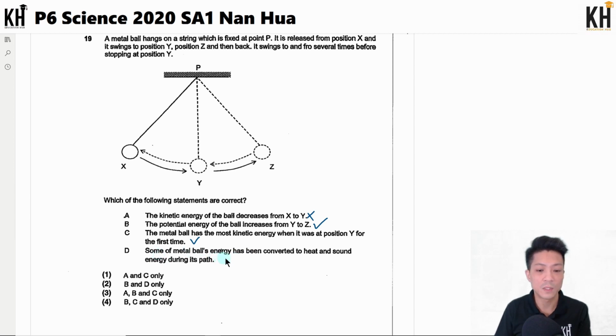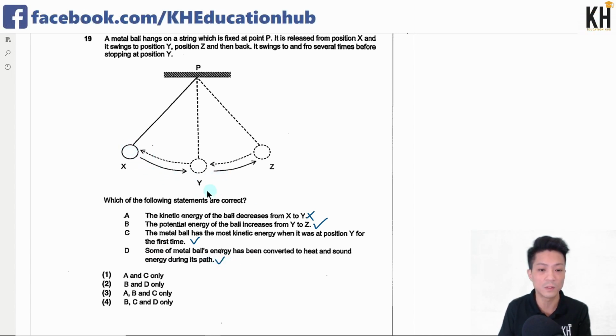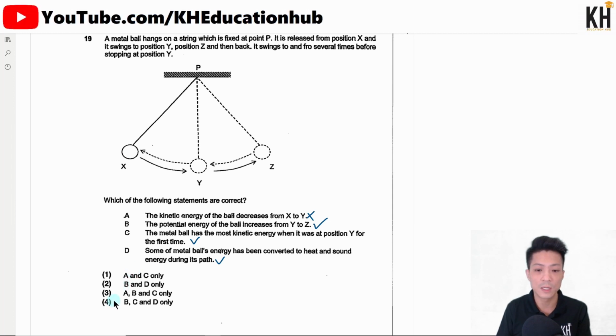D. Some of the metal ball's energy has been converted to heat and sound energy during its path. Yep, this is correct because as it is traveling, it will rub against the air and friction will produce heat and sound. Okay, so the answer should be B, C, and D. Okay, number 4.